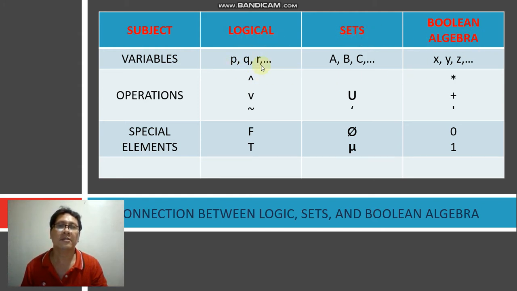These are the variables we use: P, Q, R, A, B, C, X, Y, Z. In the operations, you see the symbols of conjunction, disjunction, and negation. Other symbols in Boolean algebra are like the operations of multiplication, addition, and so on. In special elements, we have F and T representing false and true, and others use bits, or the values 0 and 1.